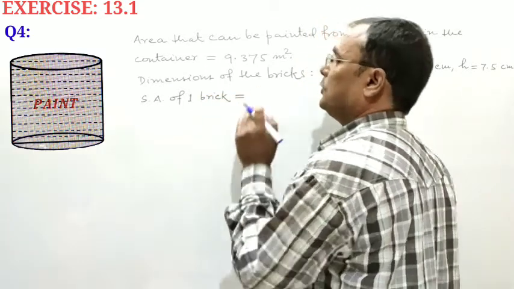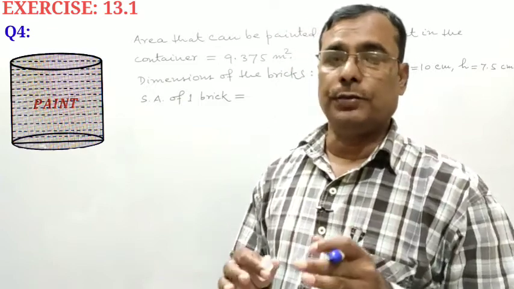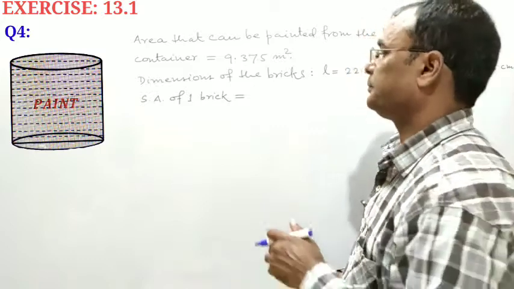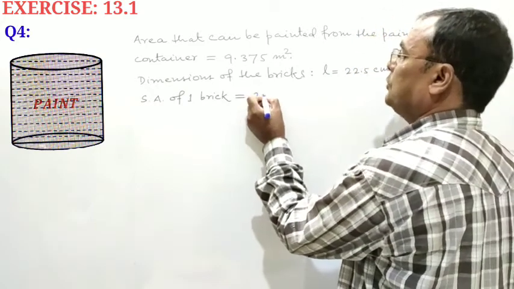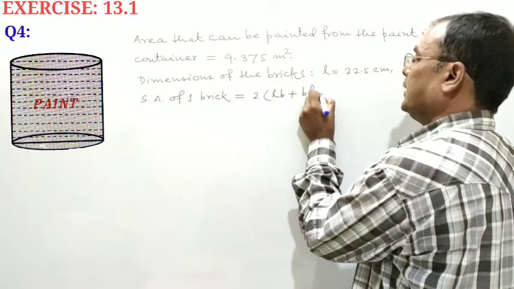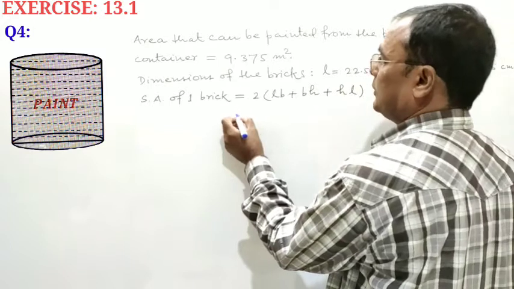We are going to use the formula for surface area of a cuboid because bricks are cuboidal in shape. So that is 2 into length into breadth plus breadth into height plus height into length.